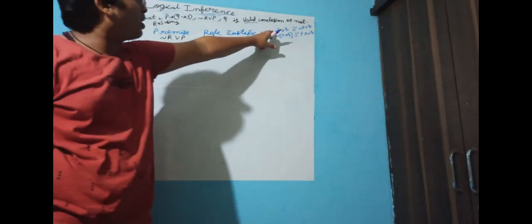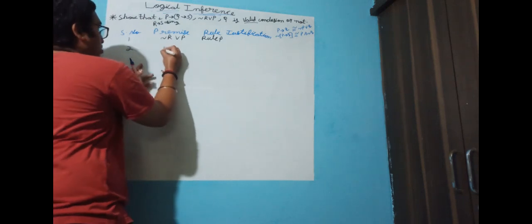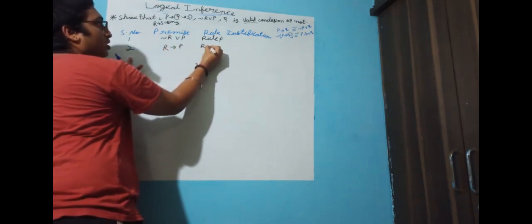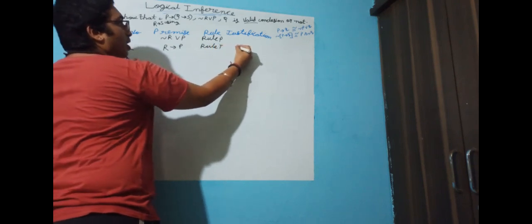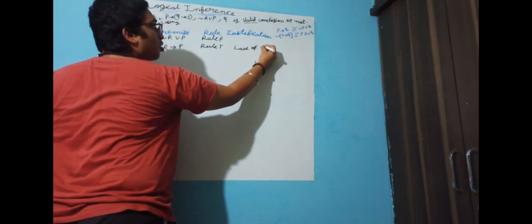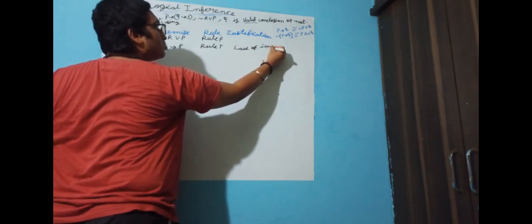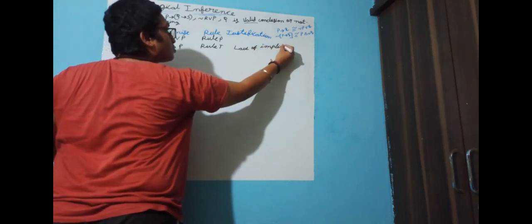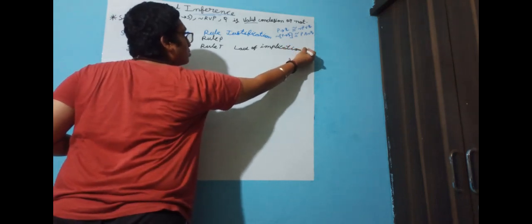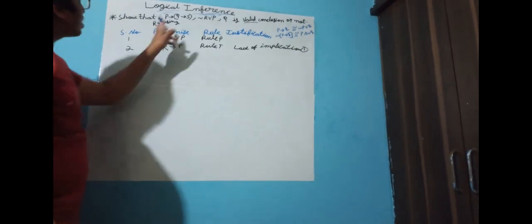R implication P based on law of implication. R implication P, rule T, by law of implication. For which step are we doing this? Step 1.